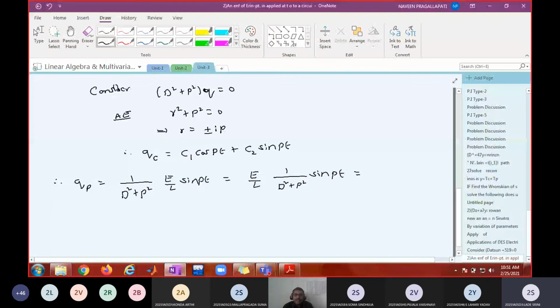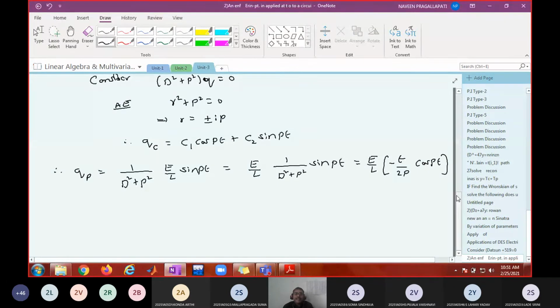So this is E by L into minus t by 2p cos pt. Do you agree? A is p here. Independent variable is t. So this is minus E by 2pL into t cos pt.